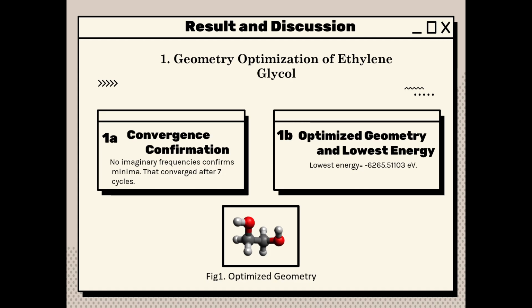For ethylene glycol, after 7 optimization cycles, the molecule showed no imaginary frequencies, confirming its convergence. The optimized geometry reached a minimum energy of minus 6265.51103 electron volts. I also analyzed the bond distances, angles, and dihedrals for the structural precision.